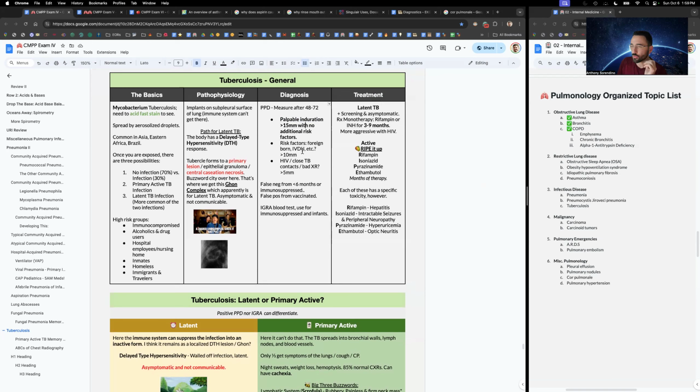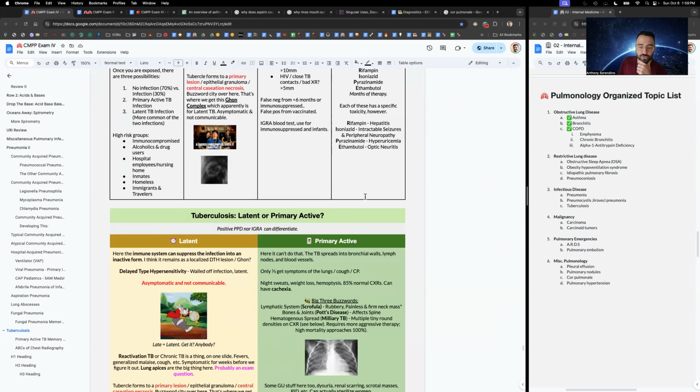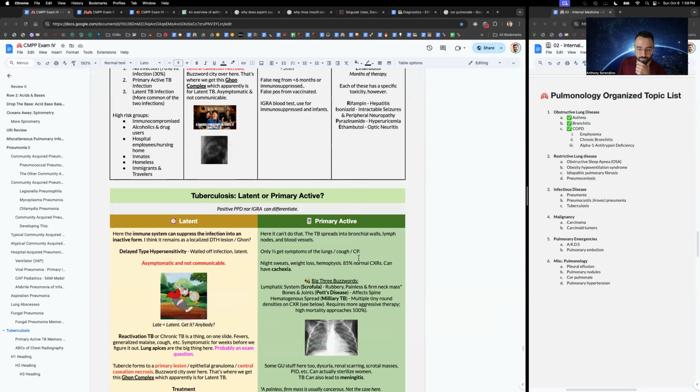You always want to look for risk factors, right? If you have risk factors like you're foreign-born, IV drug user, you get less to get away with. So greater than 10 will work. Very immunosuppressed, like HIV, or you've been around somebody with TB, greater than 5. So it's just like the 5, 10, 15 rule. Treatment is always going to be important, and we'll go over it.